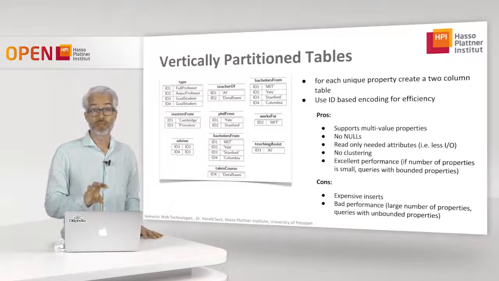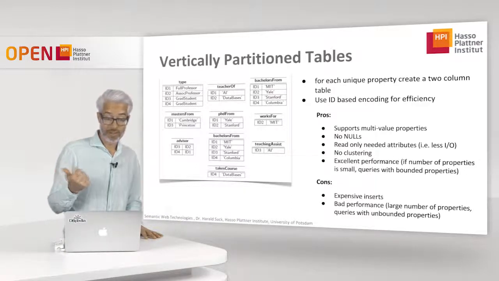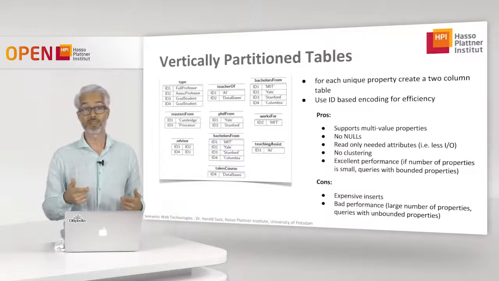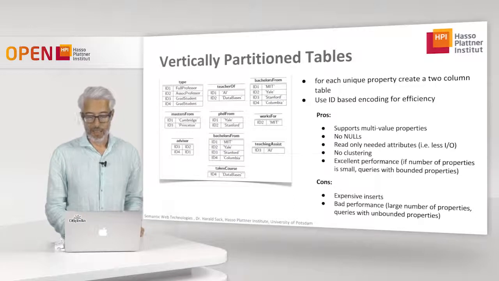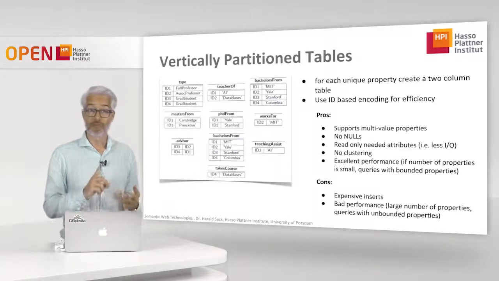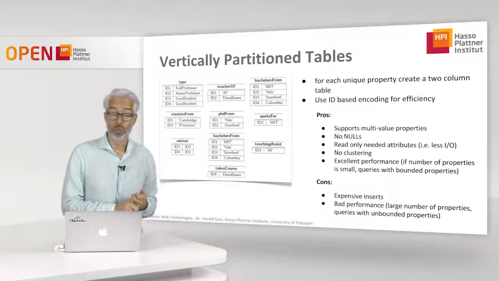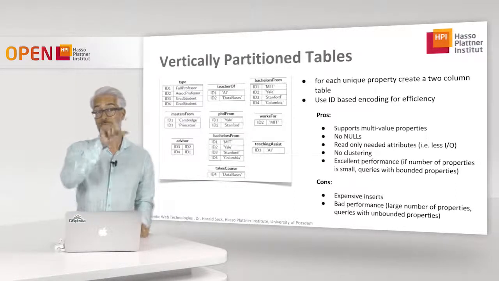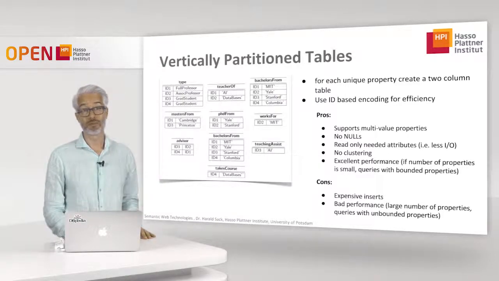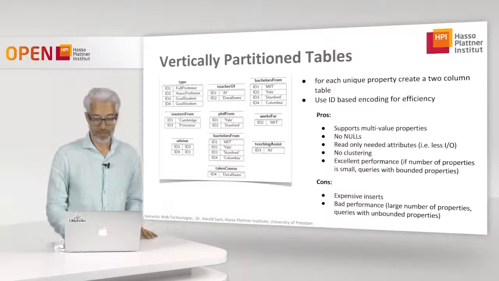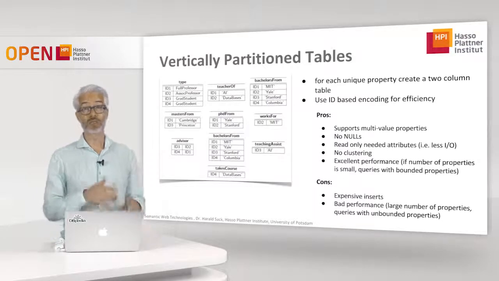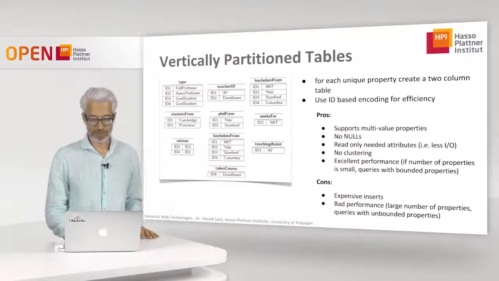A problem here might be, first, that an insert of a triple might become complex because you have to address different tables. And the other thing is, for example, if you have a SPARQL query where the property value is not bound, you have to address all the tables to execute your query. And this, of course, might take a lot of time, because this then results in a rather complex query which joins all tables or tries to join all the tables together.